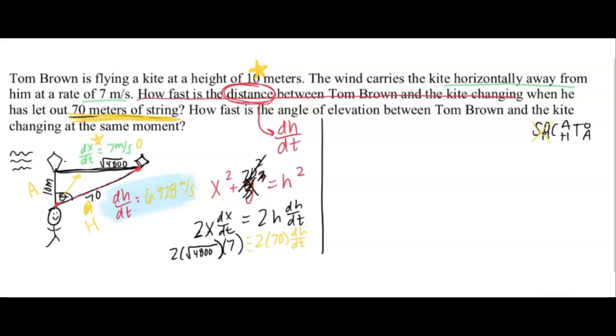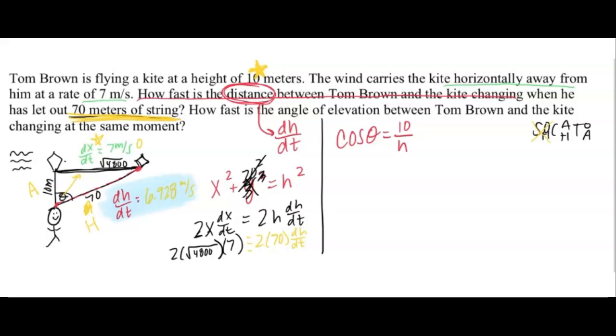So if you want to use cosine, this would be your setup. Cosine of our angle equals our adjacent side, which is 10, over our hypotenuse, h, where 70 is the instant. We will plug in our 70 later if needed, but 70 could change, whereas unless Tom Brown changes his position, that 10 will be a constant. So if you want to use this as your equation, you totally can.